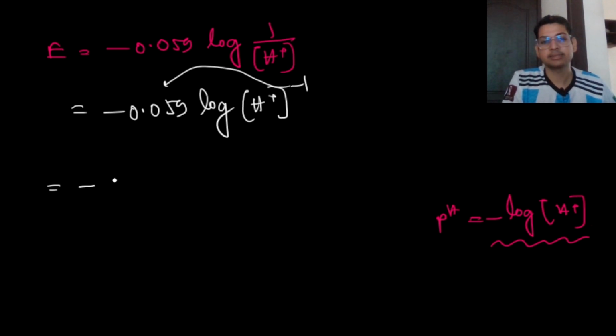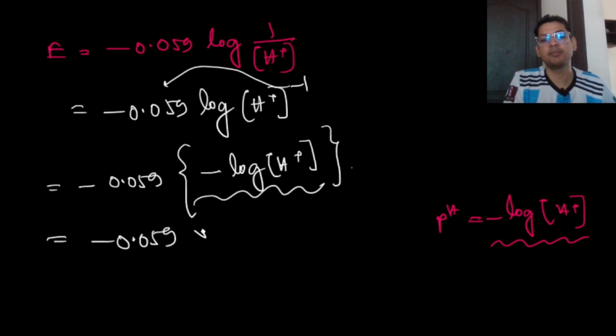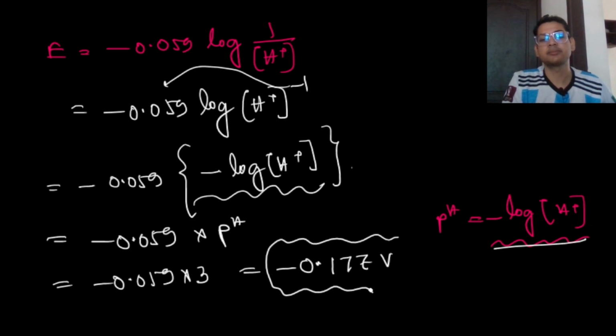So minus 0.059 into minus log H plus ion concentration, and you can write this value as nothing but pH. Why? Minus log H plus is pH. The pH value is already given as 3. So you put the value as 3 and you will get the answer, minus 0.177 volt, that will be your answer.